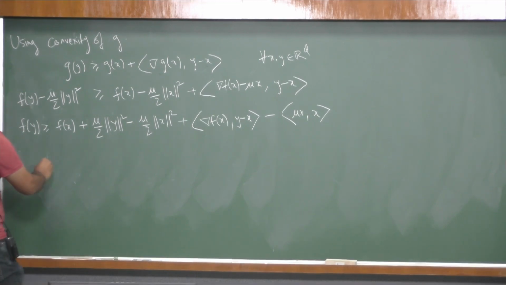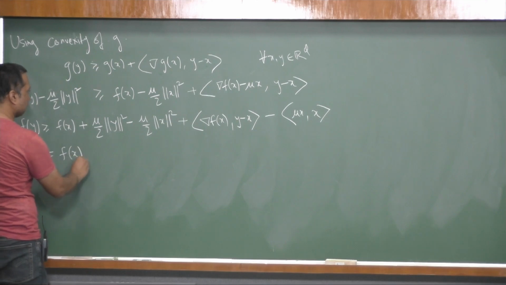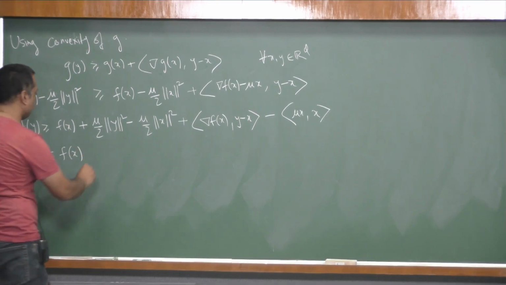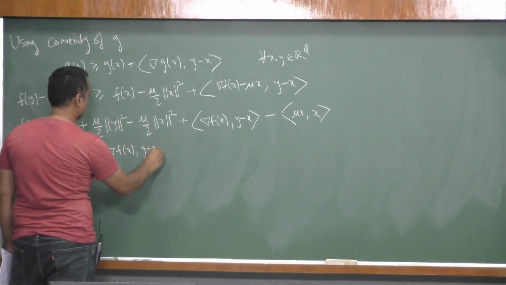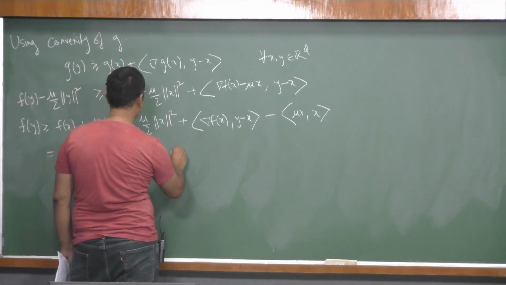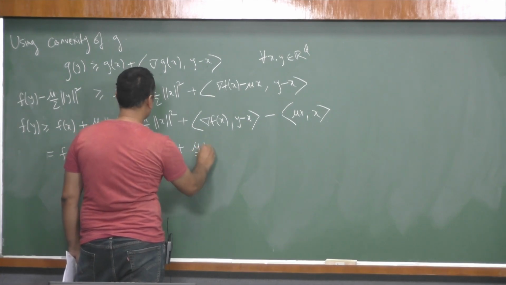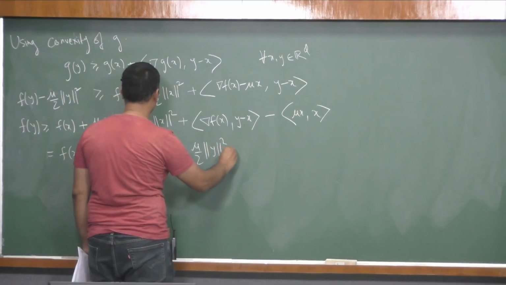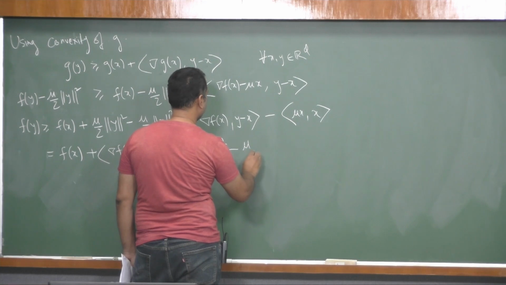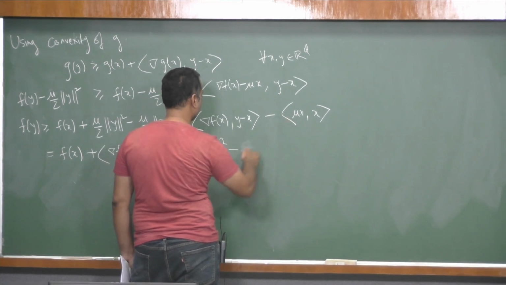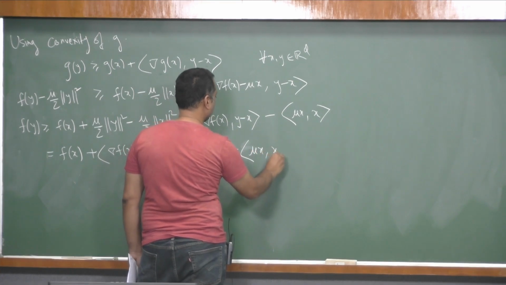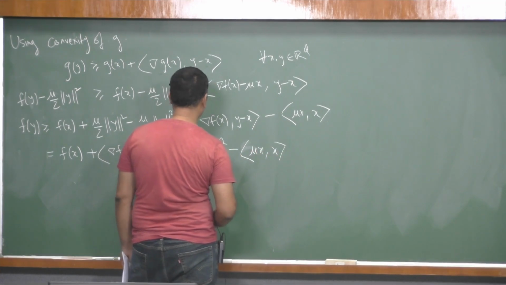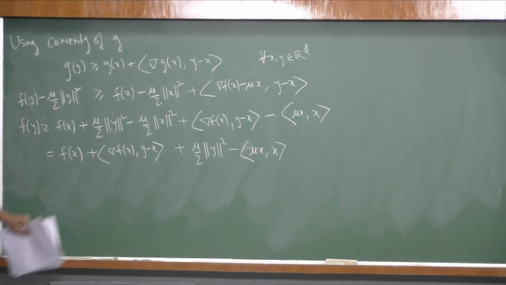So, let us do this rearrangement: f x plus grad f x, y minus x, and then what is remaining is plus mu by 2 norm y squared minus mu x, x.